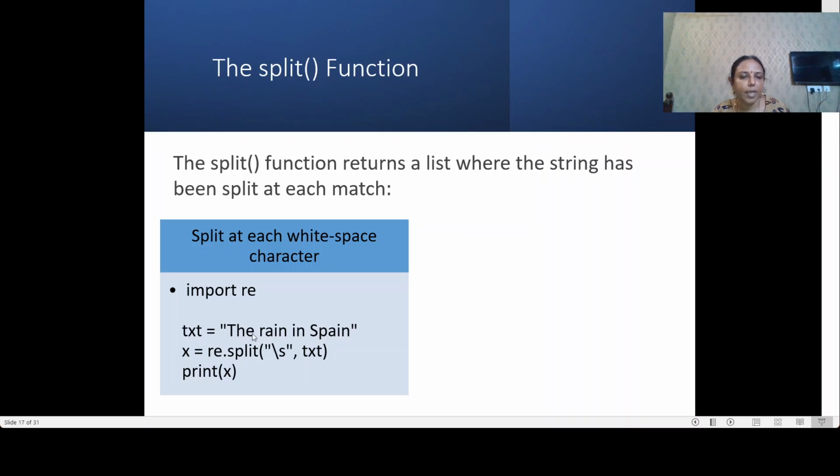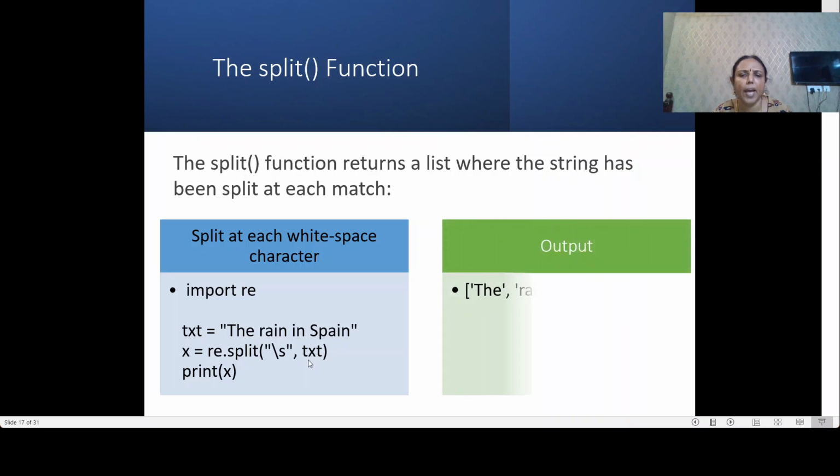What it means is the given text will be split based on your white space character. You have here one split, here one split, here one split, and your output will have all the strings, that is the words, which will be considered as split words.